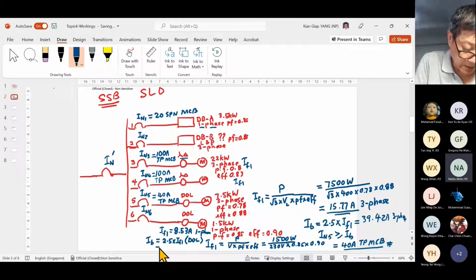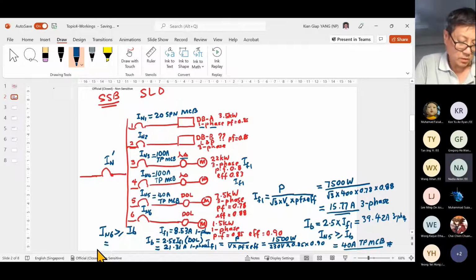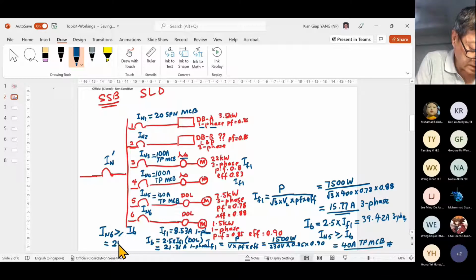Okay, so how much is that value? 21.31 ampere, single phase. And now I can find my IN6. IN6 must be greater or equals to IB. So I select IN6 to be what? 25 ampere.